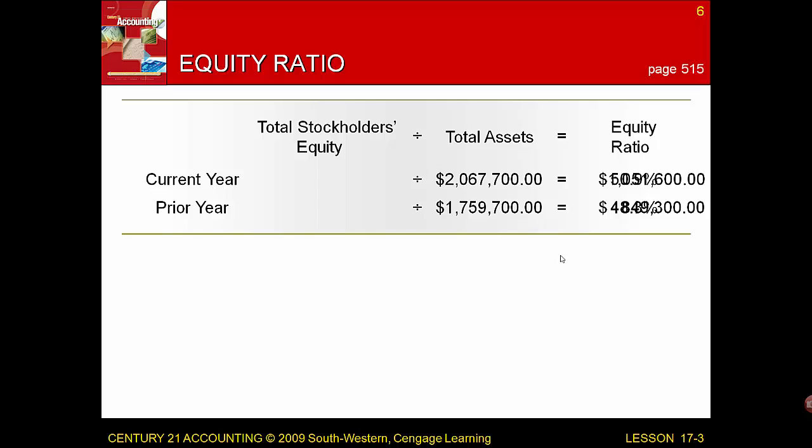So when we take a look at our ratio of 50.9, that indicates for every dollar of assets owned by the company, 50.9 cents was acquired with stockholders' capital. The average equity ratio for companies similar to our corporation is 57. So therefore, Hamilton's ratio is below the industry average, which is an unfavorable condition.